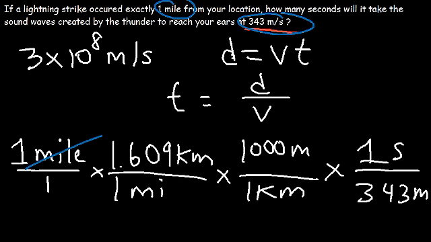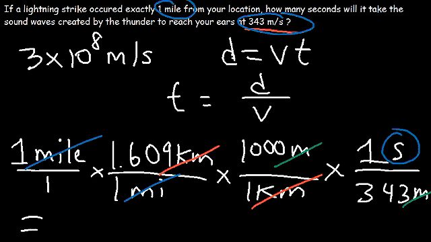So we can cancel the unit miles, the unit kilometers will cancel, and meters will cancel, giving us the unit seconds. So let's multiply 1.609 times 1,000 divided by 343.